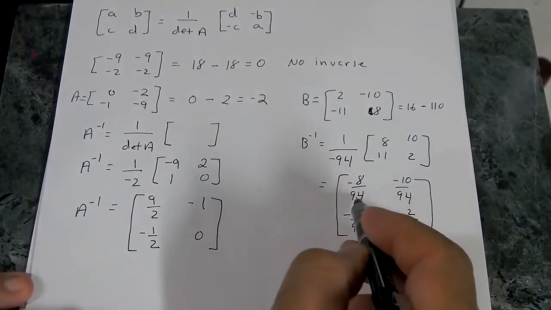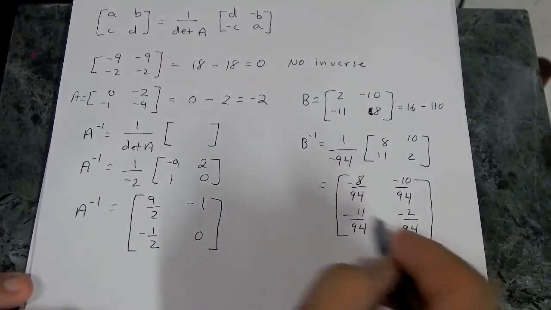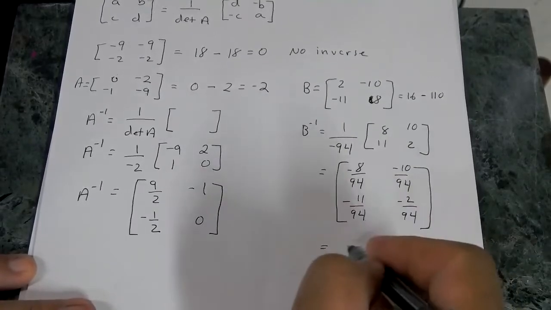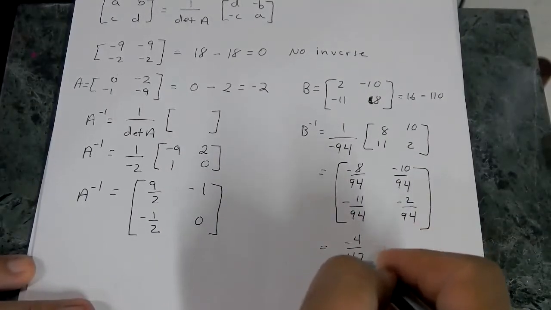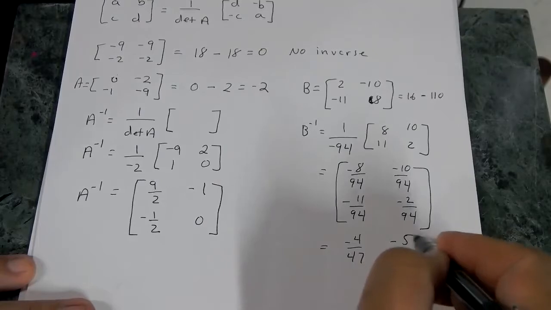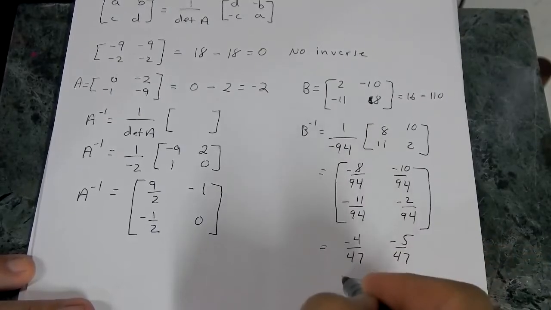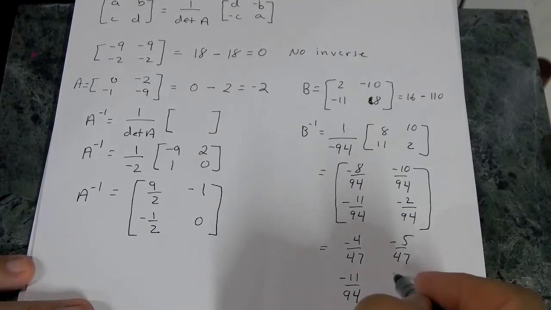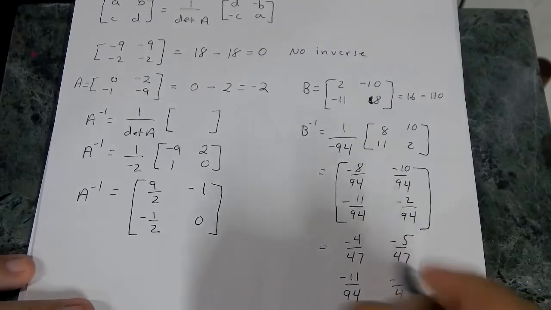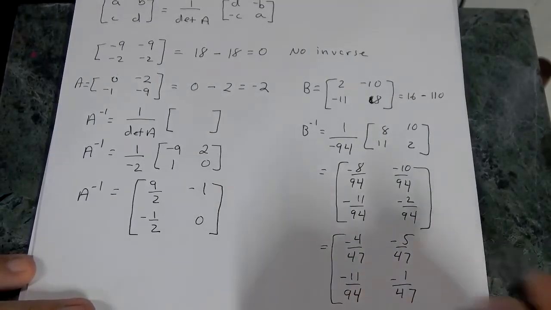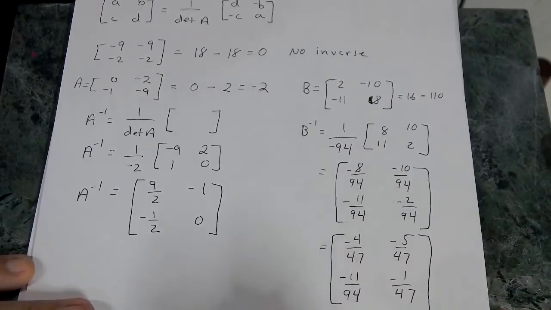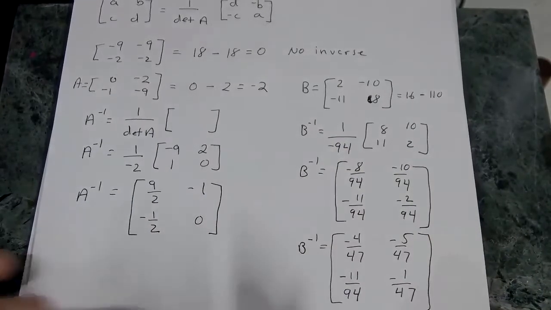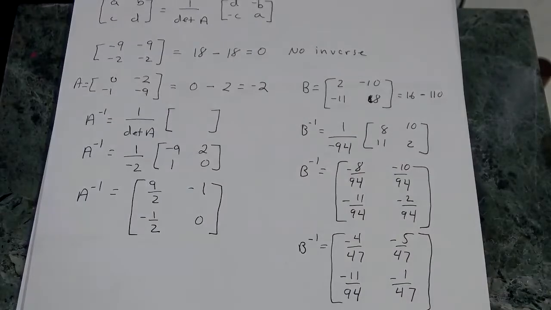These are even numbers, so they can be reduced. This one can't. So technically, I get negative 4/47, negative 5/47, negative 11/94, and negative 1/47. Technically, I should be writing B inverse, not B to the negative 1. This is the inverse of B.